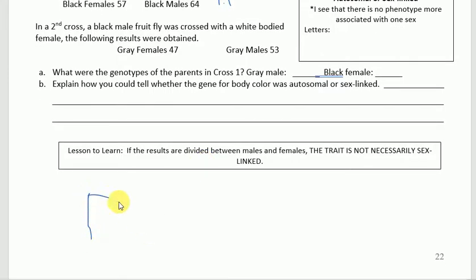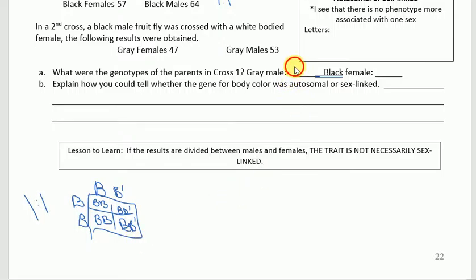So if we take our Punnett square and we do what we think would be a 1-to-1 ratio, then what would we end up with? We're going to end up with capital B, capital B, capital B, capital B, and then again B with B prime, and B with B prime. And again, that is your standard 1-to-1 ratio.